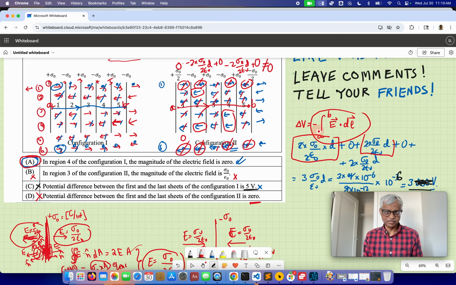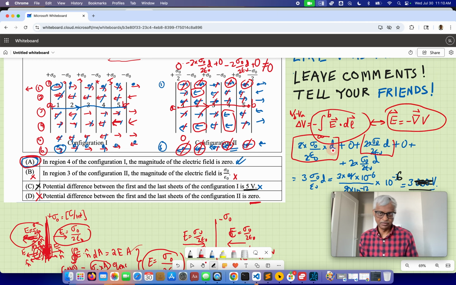And this negative is, you can say I'm going from B to A. So you say VB minus VA. It comes from electric field is minus del V. These two are equivalent.